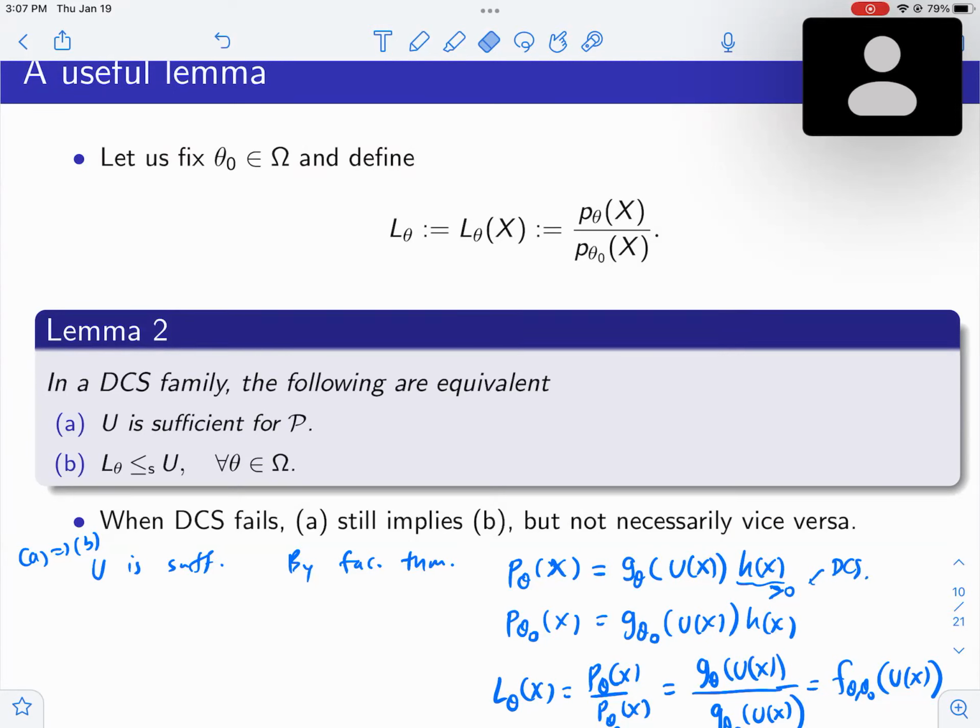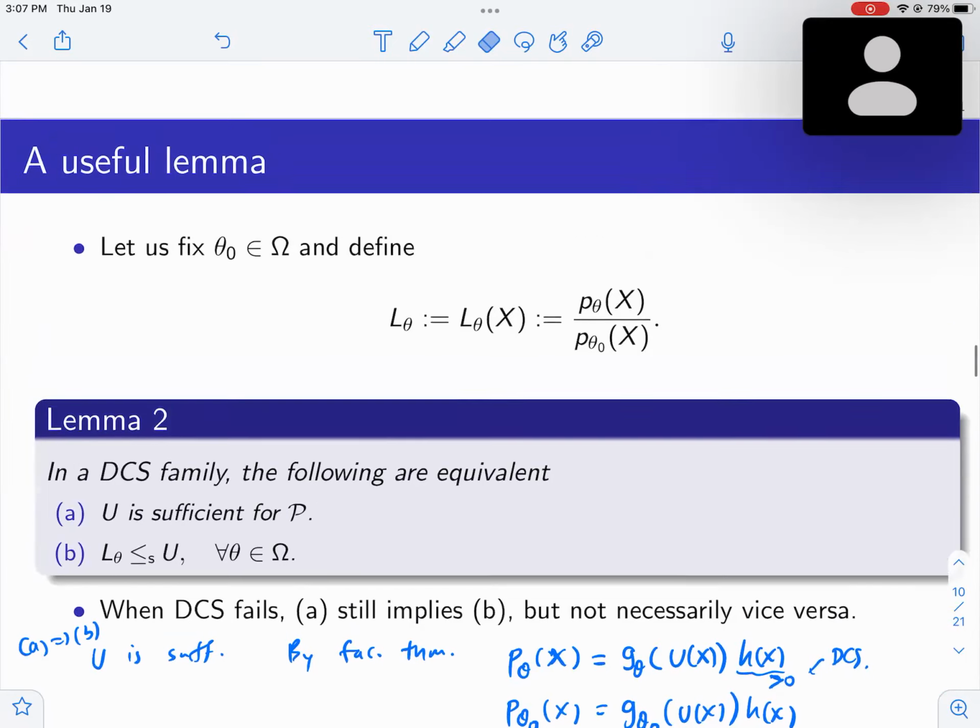Okay, so if you believe this, then let's say B implies A. I can form a statistic composed of these that satisfies this. How? I can just concatenate all the L thetas. Put L, which is L theta for all theta.